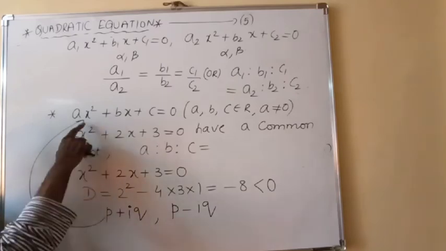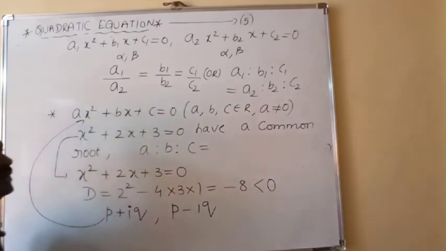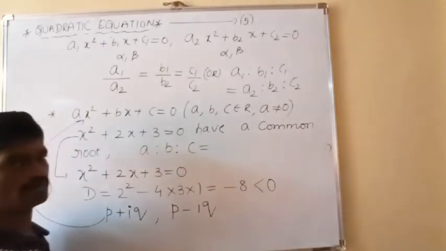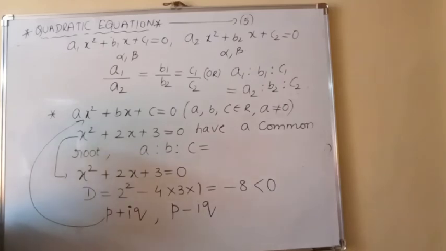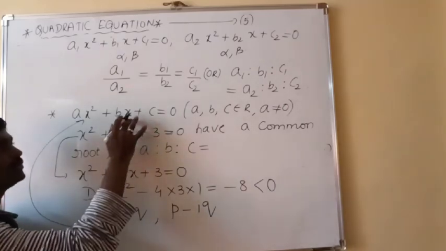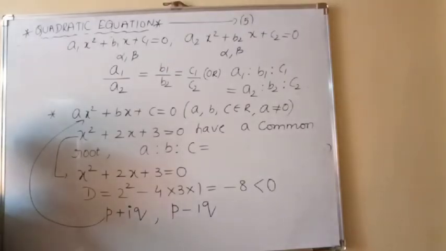Then p plus iq is also a root of ax square plus bx plus c is equal to 0. As a, b, c are real numbers, the other root of this equation becomes p minus iq. So these two equations have both roots common.